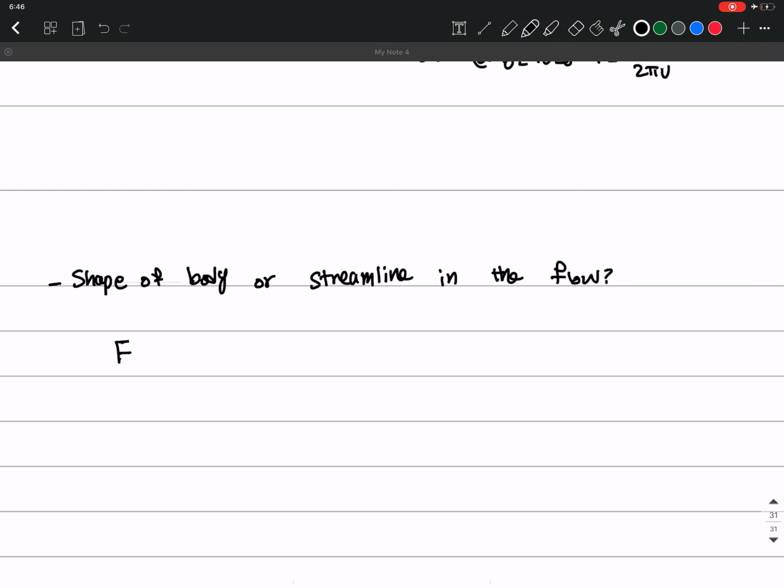So again, the complex potential is Uz plus m over 2 pi ln z, and z is a complex number x plus iy, which also equals r e^(i theta). So let me just write this down.